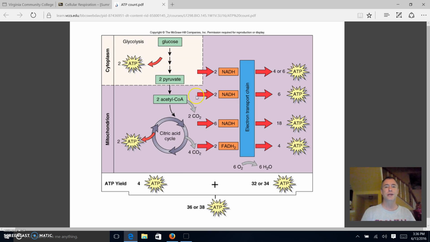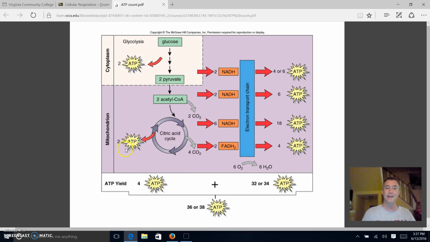Then we go through this biochemical pathway called the Krebs cycle, where we take a 2-carbon and add it to a 4-carbon product. We go through several steps, and in those steps we pull out more carbon dioxide. So when you exhale carbon dioxide, you're getting it from the second step, the preparatory reaction, and from the Krebs cycle or citric acid cycle.